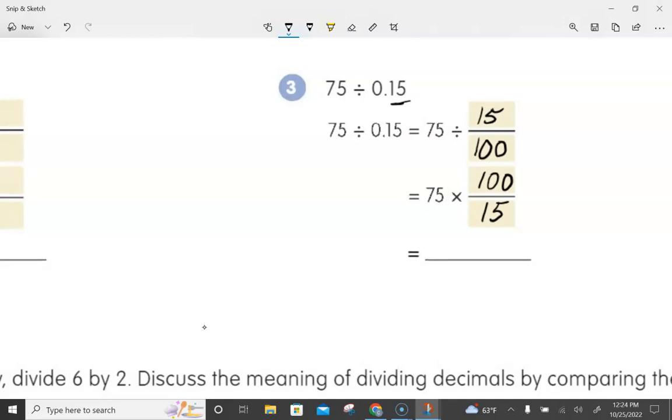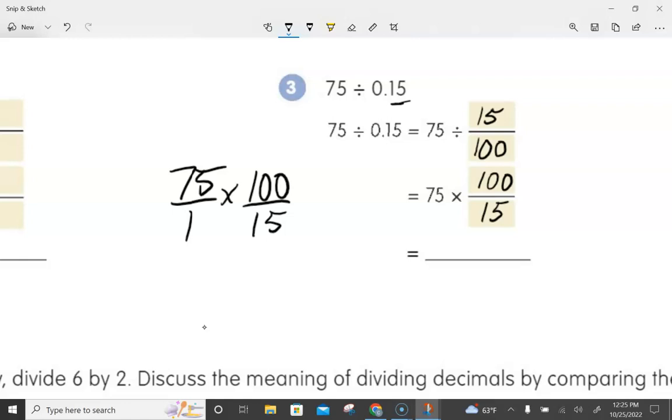Okay, so now we have 75 over 1 times 100 over 15. Now, there's something that you can do whenever you're multiplying fractions. You can cross simplify. So in other words, I don't really want to do 75 times 100 because that's a really big number, then have to divide 15 into it.